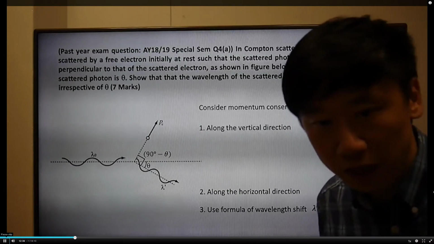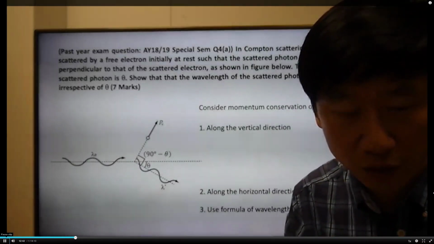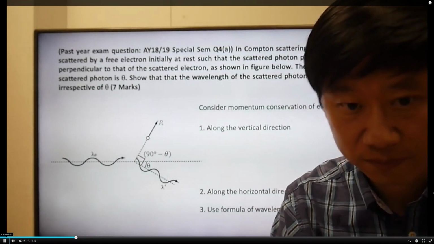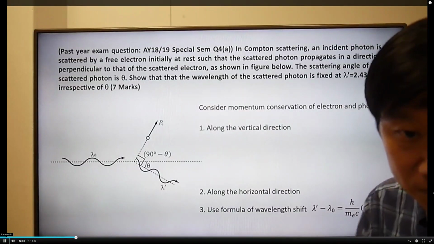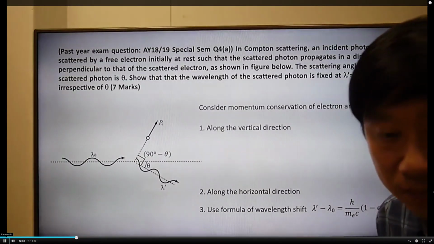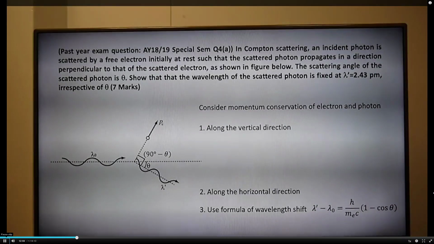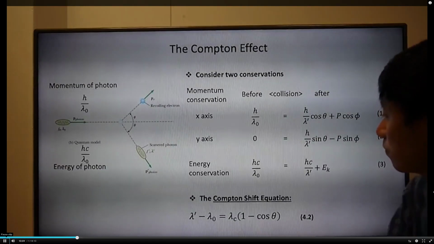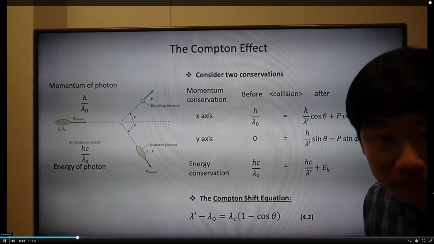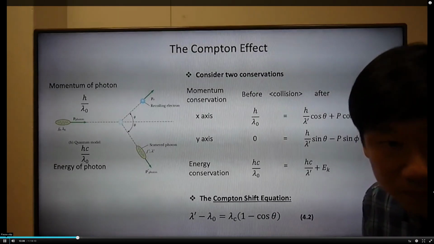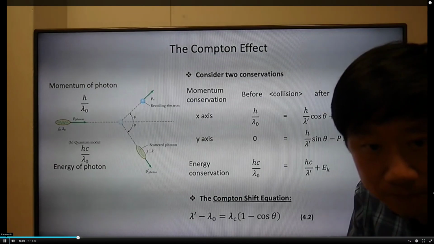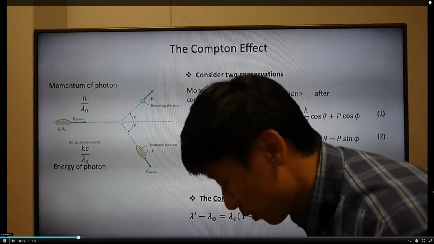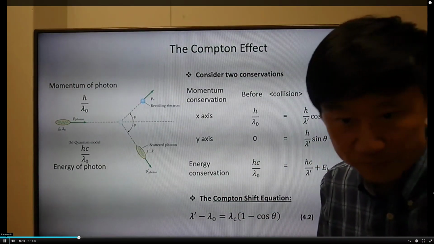The question is, which of the following is not considered for Compton scattering? Alright, it seems that most of you are following very well.